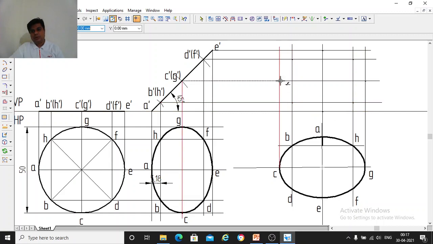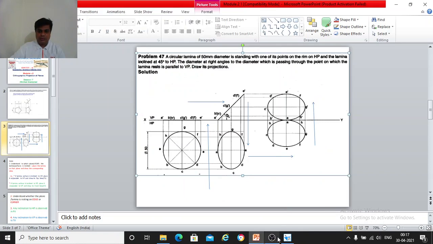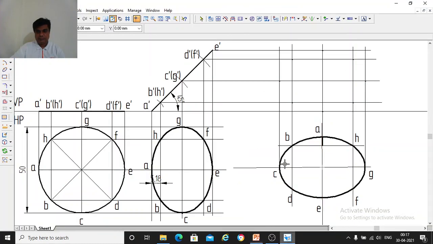So now we got all the points, and we should join these points with a smooth curve. So using your pencil freehand, you simply draw the smooth curve here. So again it looks like an ellipse.